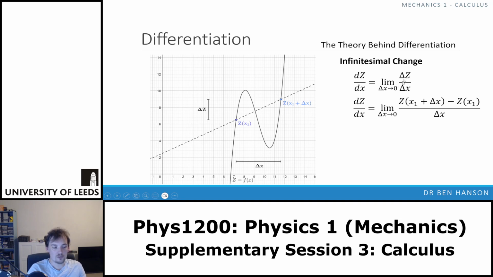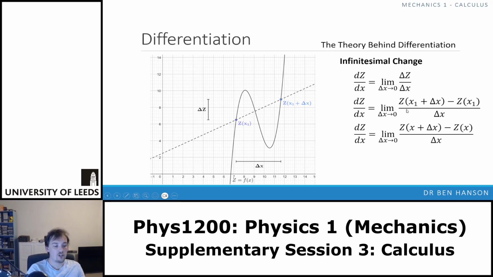And so we can put delta z and delta x in there. z at x plus delta x minus z at x1, so that's delta z, over delta x. And we can just get rid of that x1 now, because x1 is nothing special. x1 could be down here. x1 could be up here. x1 could be literally anywhere.